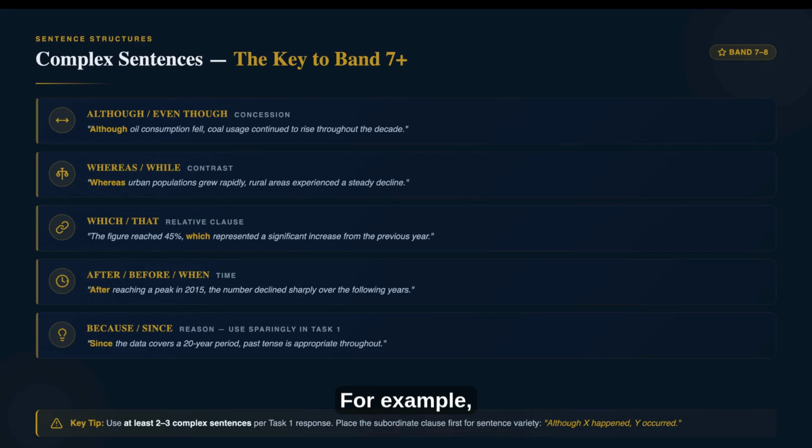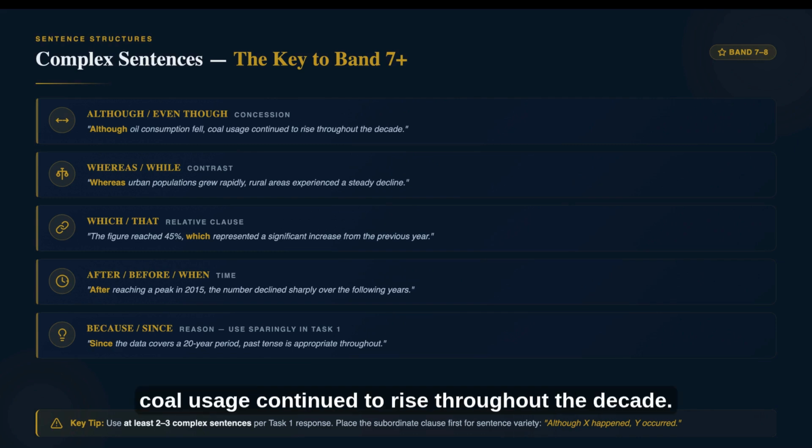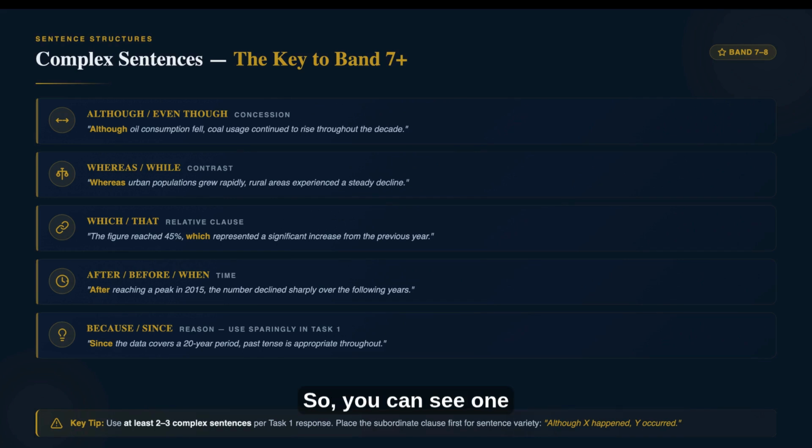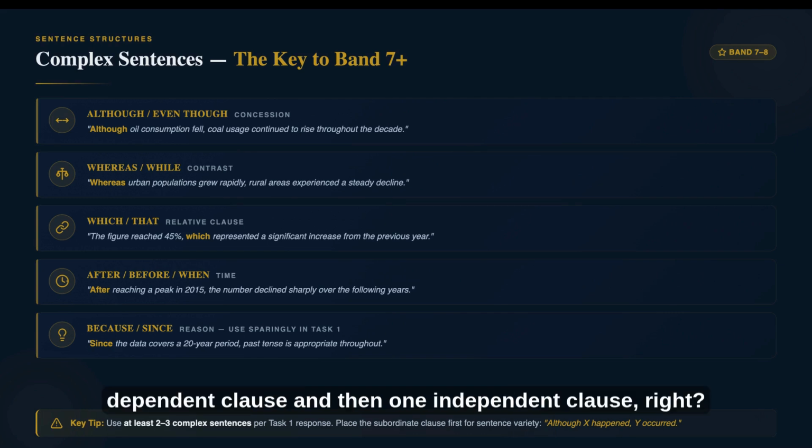For example, although oil consumption fell, coal usage continued to rise throughout the decade. So you can see one dependent clause and then one independent clause, right?